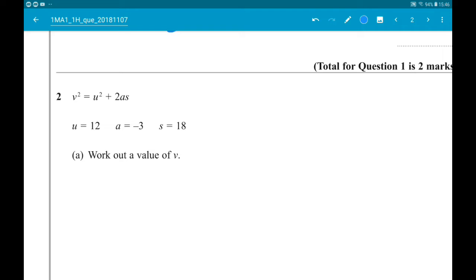So we're going to get v squared is equal to, so 12 squared add 2 times minus 3 times 18. So that's going to be minus 6 times 18.